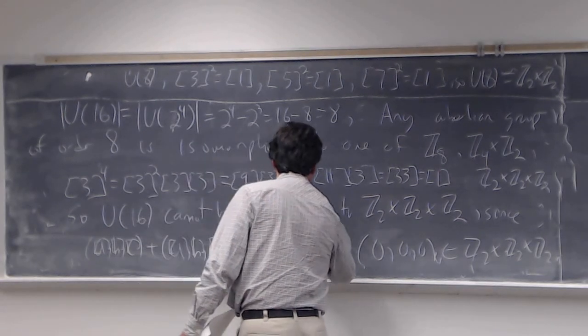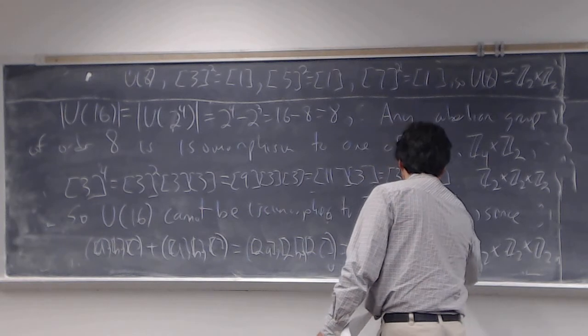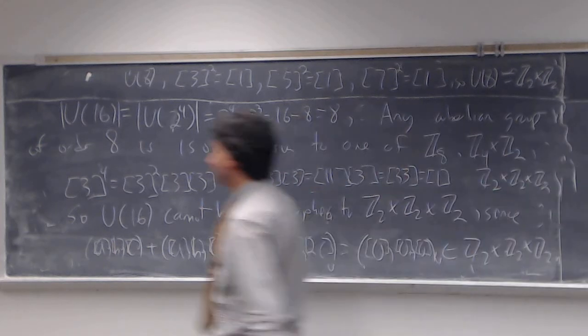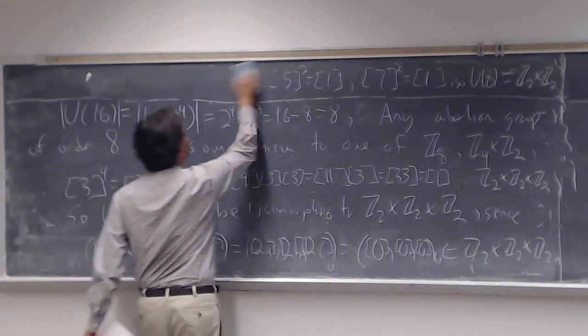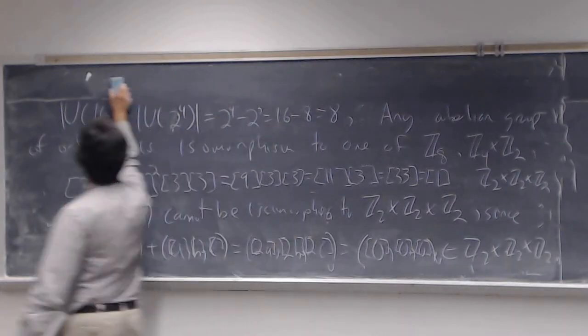Right? Because in mod 2, any even number is equivalent to 0. So every element in Z2 cross Z2 cross Z2 has order at most 2.